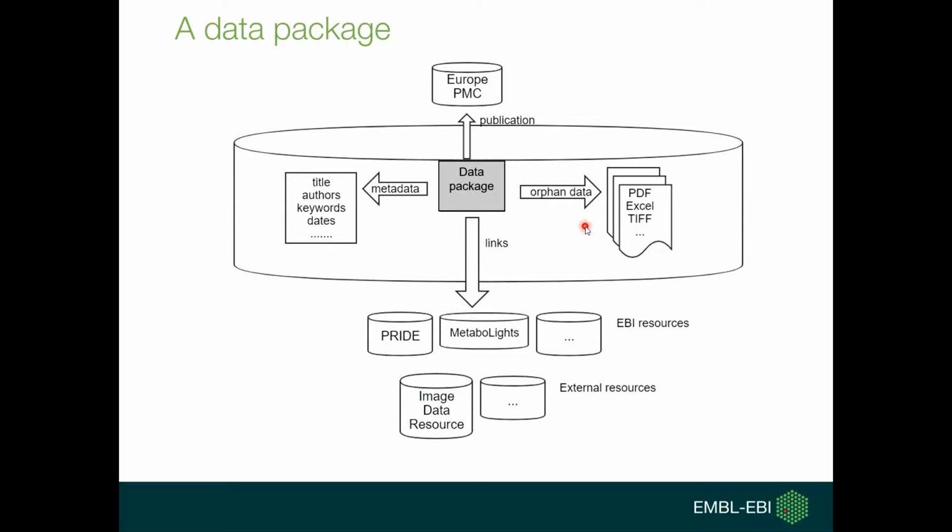And then there are also data files that did not fit anywhere else, that sometimes are called orphan data, such as Excel files, images, and so on. These are the 3 main components of a data package, and then we also link back to the publication in the Europe PMC database.